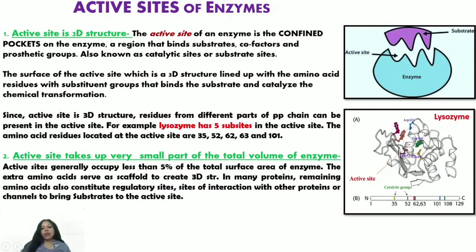So there is a role of extra amino acids in creating the three-dimensional structure, and in many proteins the remaining amino acids also constitute regulatory sites, sites of interaction with other proteins, or channels which bring substrates to the active site. Okay, so the point to be noted here is that although it is the active site which is actually responsible for catalysis of the chemical reaction, you can't ignore the extra amino acids for their supporting role.